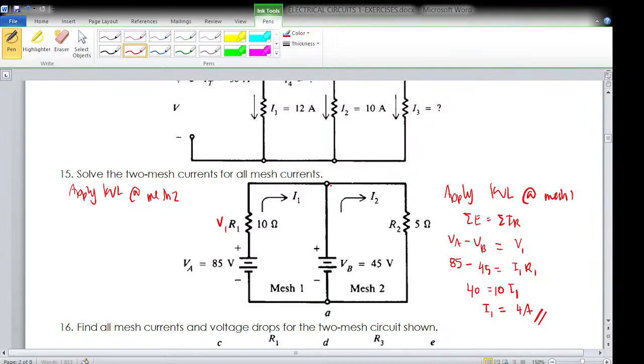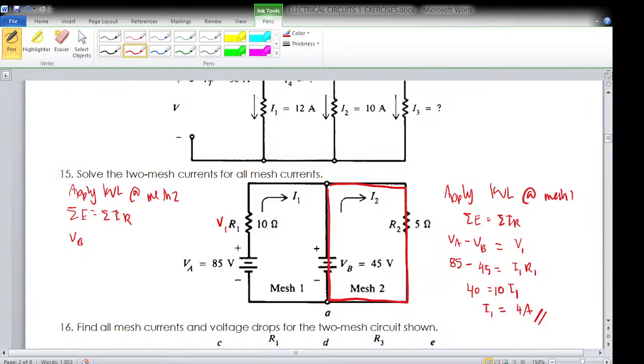Applying the KVL, sum of EMF is sum of IR. What is your EMF in mesh 2? V sub B, 45 volts. Okay, V sub B only. How about V sub A? No, ma'am, none, because it is not connected.